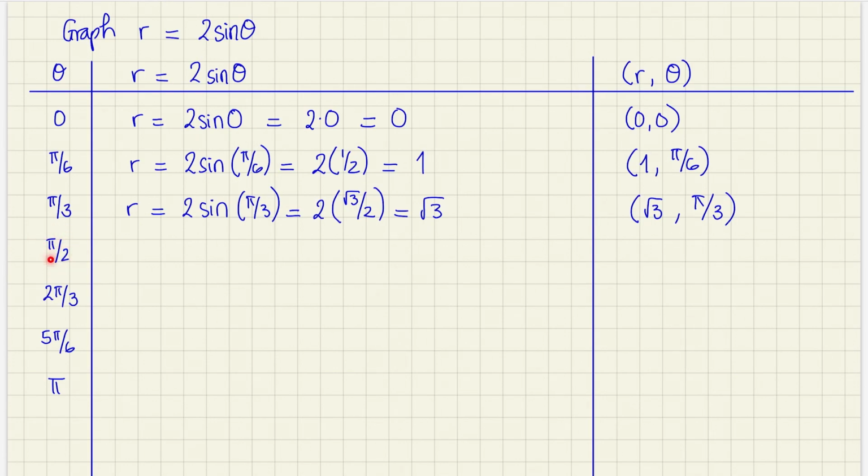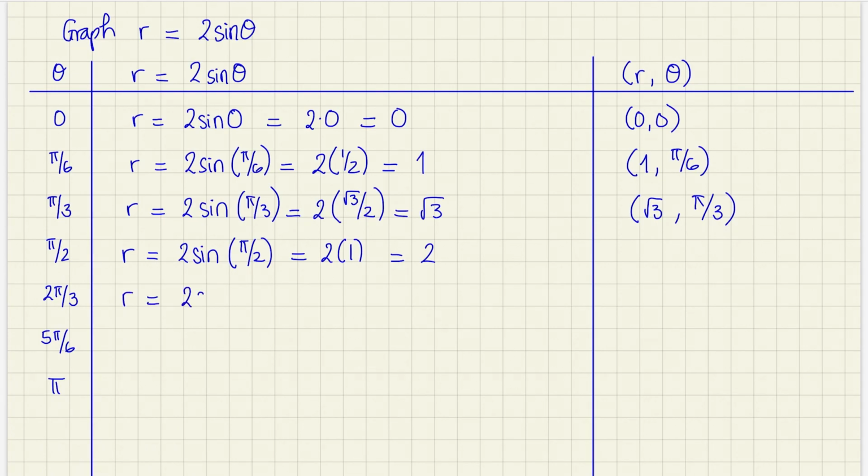Then I'll substitute theta with pi over 2. I have r equals 2 times sine of pi over 2. Sine of pi over 2 is 1, so I have 2 times 1, which is 2. And then I substitute theta with 2 pi over 3.